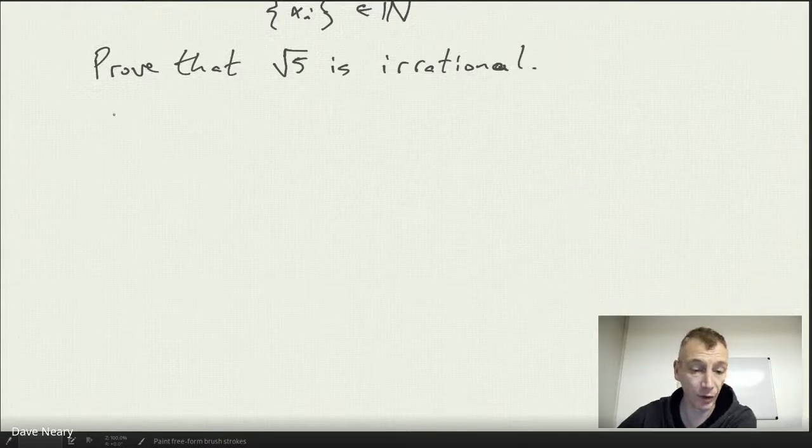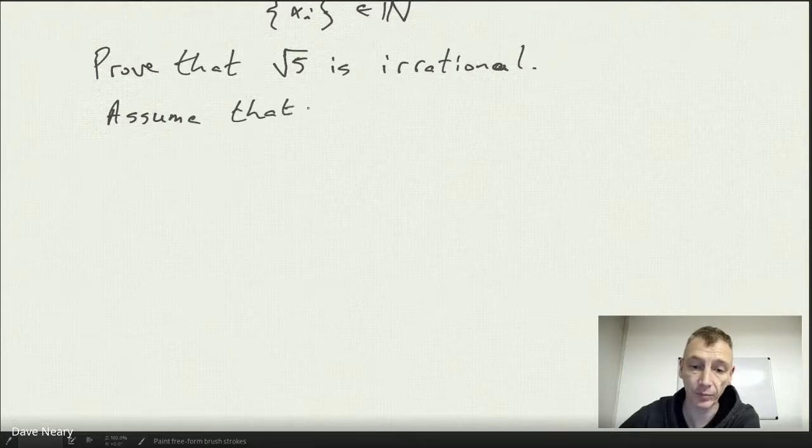Well, the way we prove that is we prove it using a technique called proof by contradiction. We assume that square root of 5 is rational, and then we show that that results in some absurdity. So what does it mean to be rational?